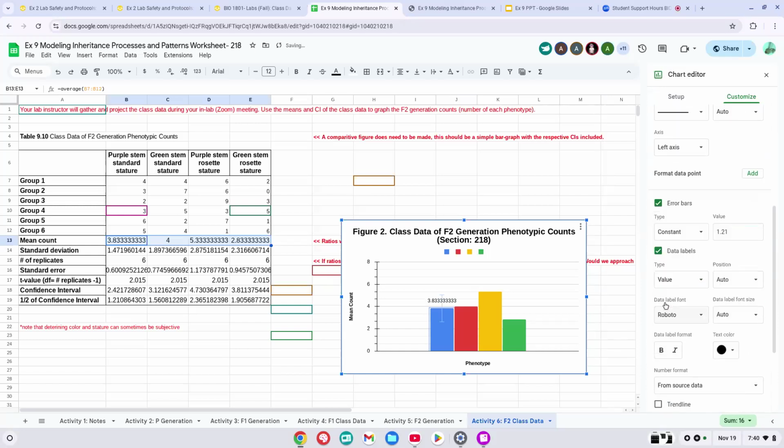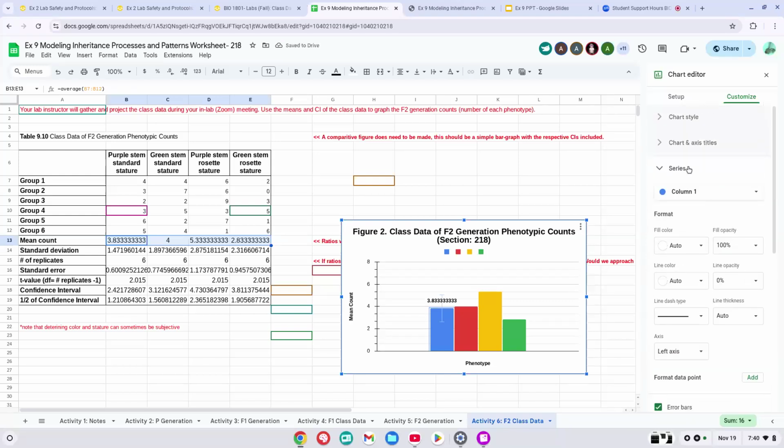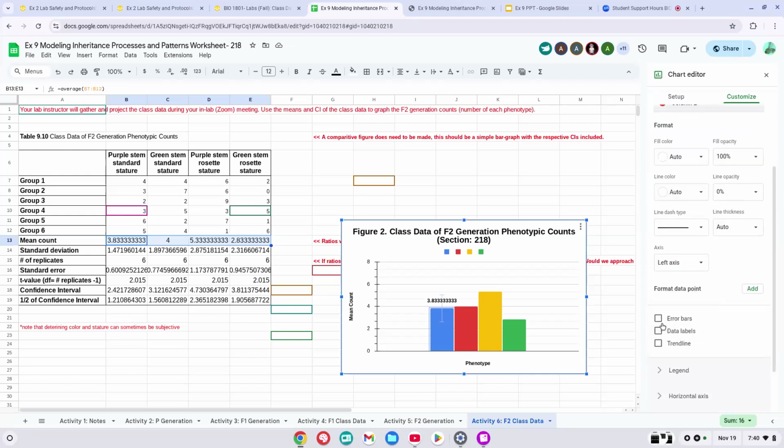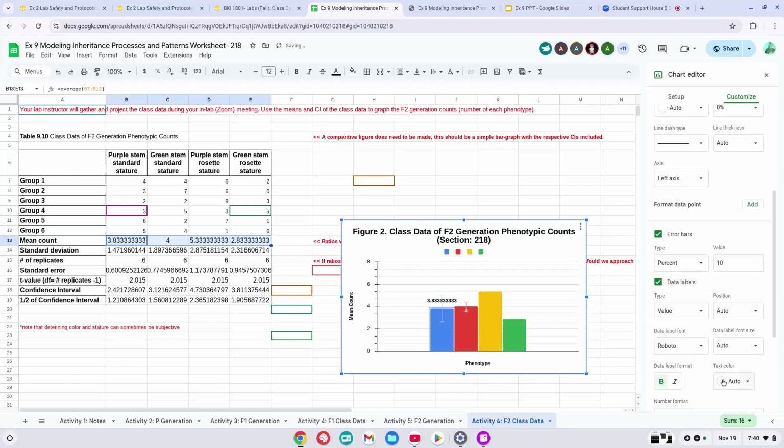And we can darken these so we can see them. Okay, and then we'll change to column 2 and do the same thing. Not 156, 1.56.